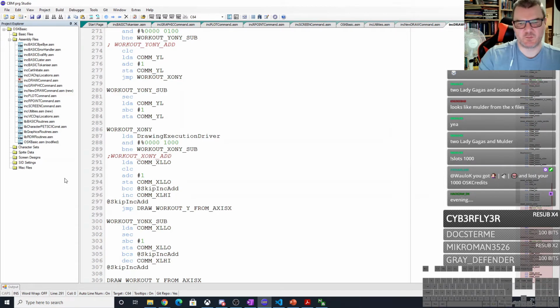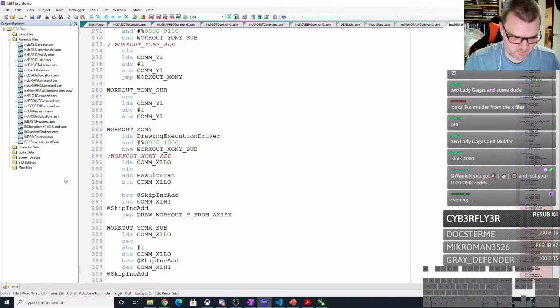Now we don't need to worry about pre-configuring because X is a 2-byte anyway. So we load Y, load result fraction. So we're adding the result fraction, storing it back in there. But this time we then load in com XL high.